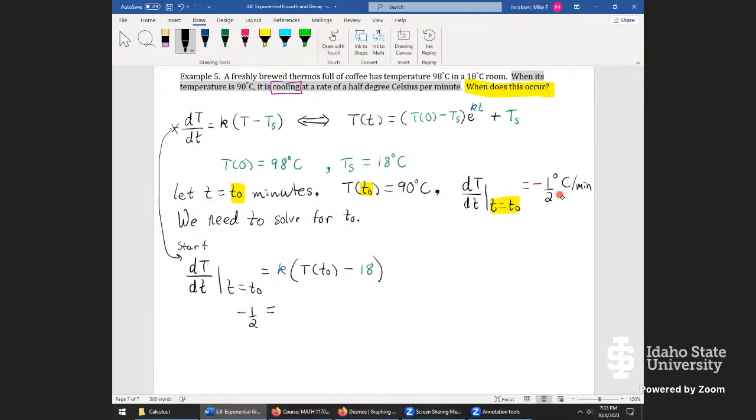We have negative 1/2 on the left-hand side, K times a bunch of stuff on the right-hand side. And it's not too bad to evaluate. I mean, we already know that there's a minus 18. But it's kind of easy to get lost with this information because there's a lot of it. Anyone recall what temperature at T naught has to be? Exactly, that came out as right here, 90 degrees. Oh, better right here. I even highlighted it. 90 degrees right here goes into that position.